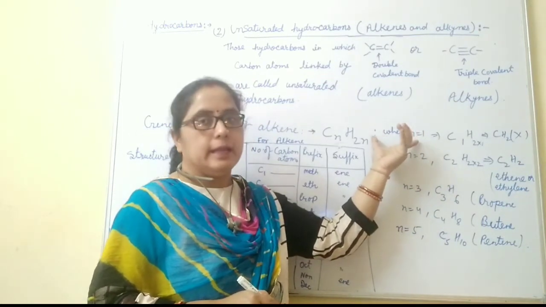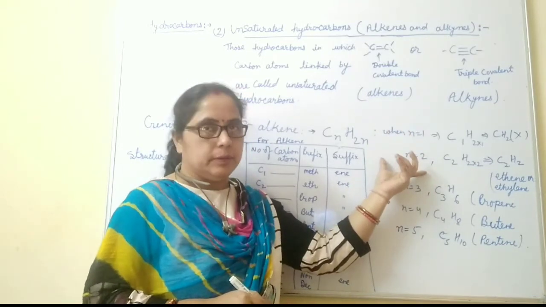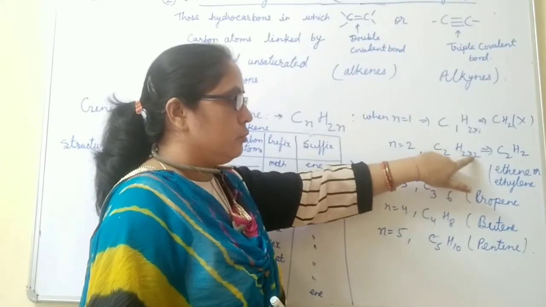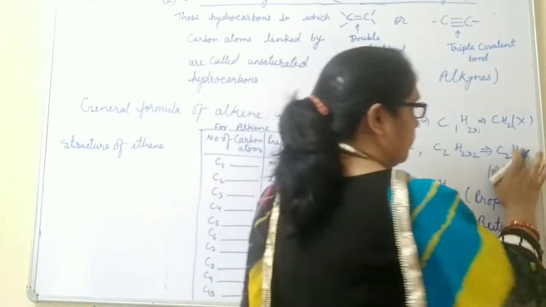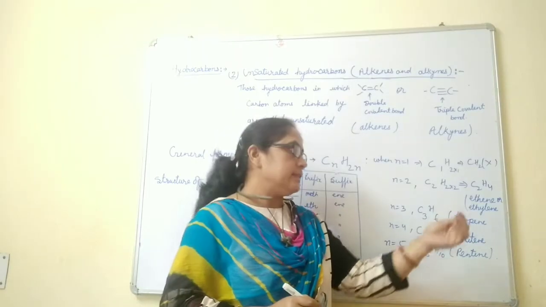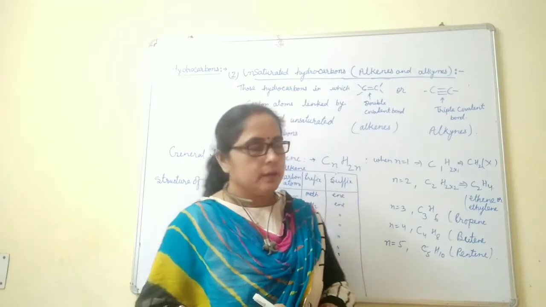It means in alkene, the members start from the second carbon, which has the formula C2H2 into 2, that is C2H4, and its name is ethene, also called ethylene.